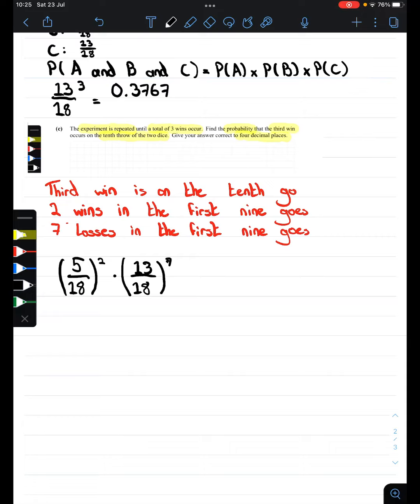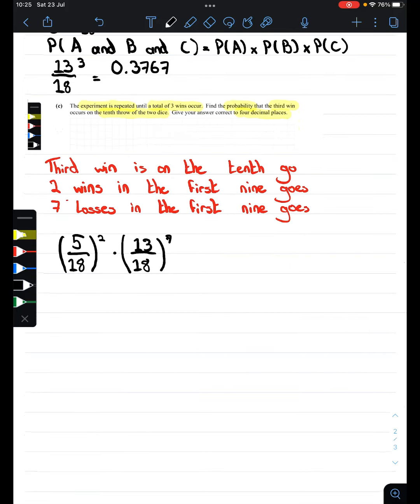Okay, but we've got to think, how many different ways can this happen? Well, the number of ways that this can happen, so let's say we're going to choose which of the 2 were wins. Well, there's 9 of them, and we're choosing 2, and we actually have a formula for that. We know that that's 9 choose 2 on your calculator. So that's the number of ways it can happen.